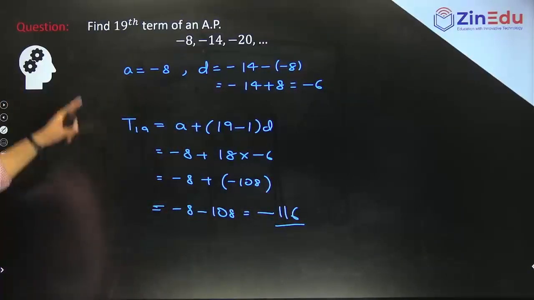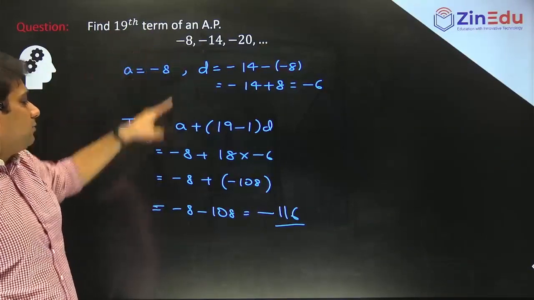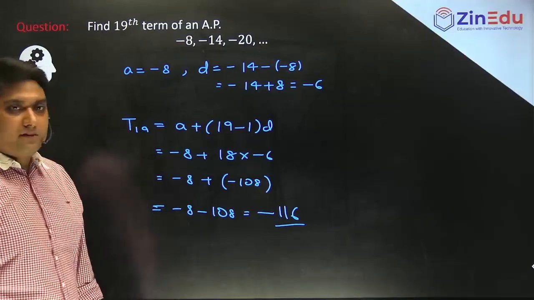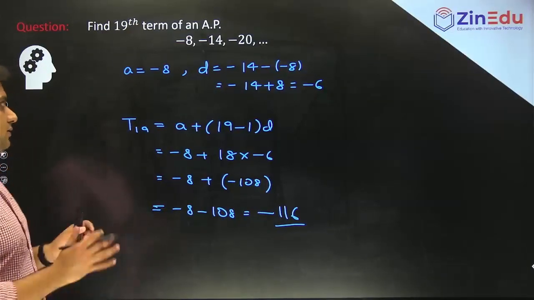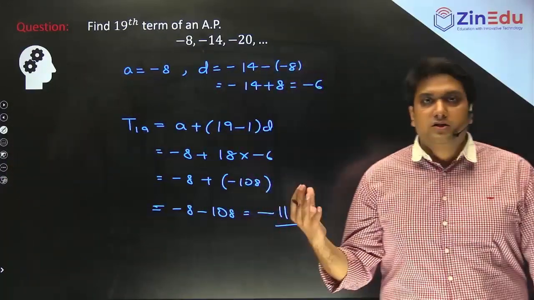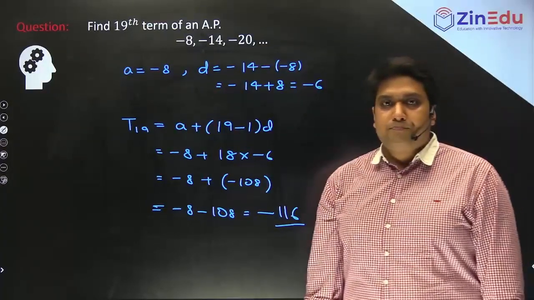So for this given sequence, the 19th term of the AP will be minus 116. I hope this solves your query regarding the types of questions in which we need to find the nth term or the given term.